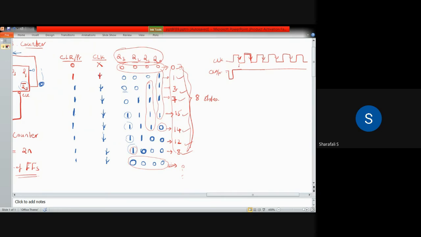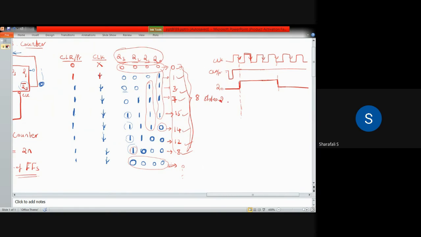Now if you draw for the different outputs, that is Q0: Q0 will be 0 up to the first clock pulse, because all are 0 initially, and then it becomes 1 and continues at 1 for the next 4 clock pulses, and then it is 0 for the next 4.